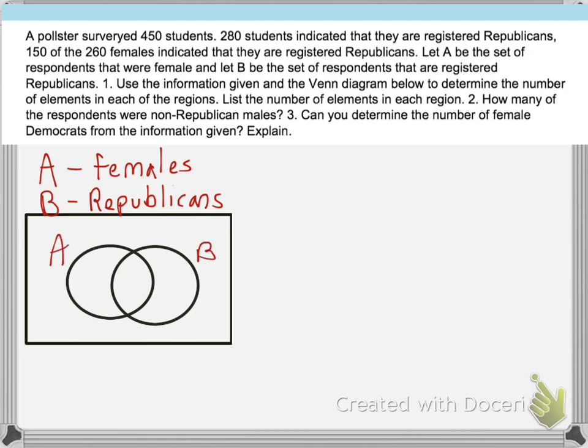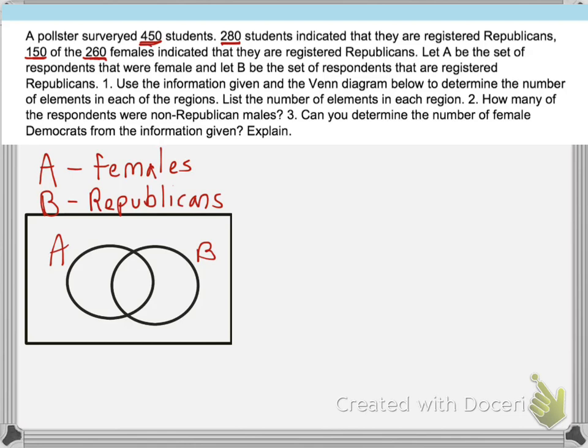So the first step is to fill out what's going to be in my Venn diagram. If we look at our data, we have 450 students total, 280 Republicans, 150 females that are Republicans, and 260 total females. When you're setting up a Venn diagram, we always want to do the innermost region first.